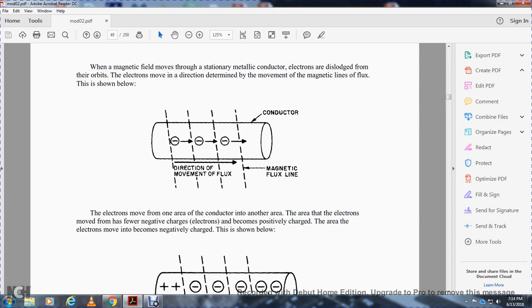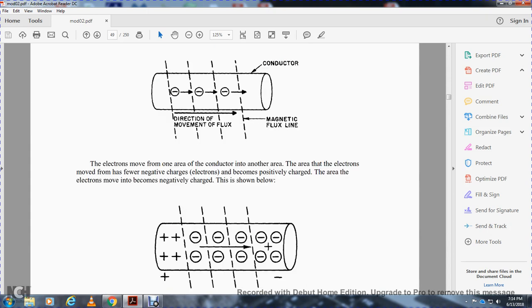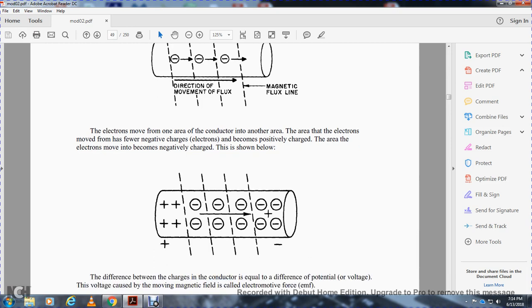The electrons move from one area of the conductor into another. The area the electrons move from has fewer negative charges and becomes positively charged. The area the electrons move into becomes negatively charged. This is shown by positive and negative. The difference between the charges in the conductor is equal to the difference of potential, the voltage.